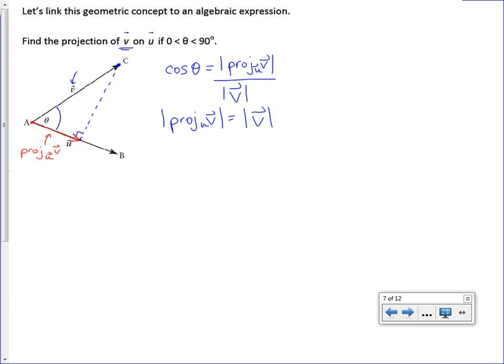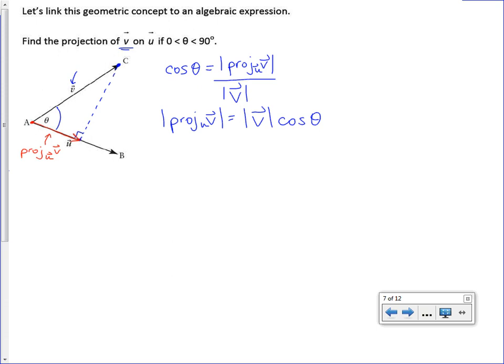Yep. I want you to understand that right now you have found the length of the projection. If you know theta and you know vector V, that results in a number. These are all just numbers, but I now have the value of how long that vector is.